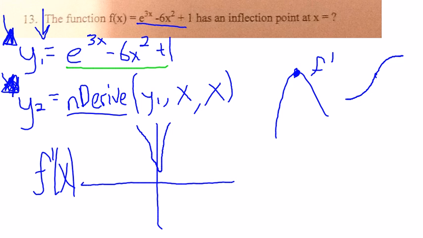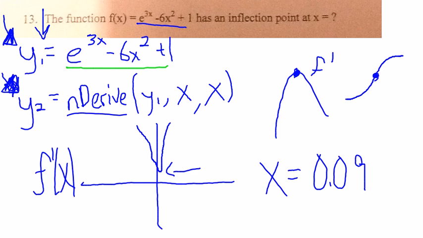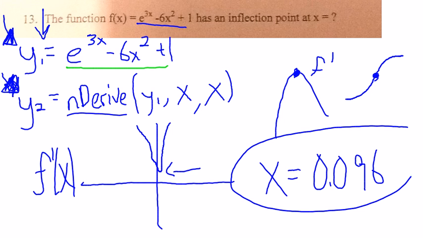Notice when I go from increasing derivative to decreasing derivative, I get a point of inflection, a change in concavity. So anyway, I calculate the minimum point of this thing on my calculator. I do a second calc min, do left bound, right bound, guess, and I get x equal to 0.096. And that is my answer.